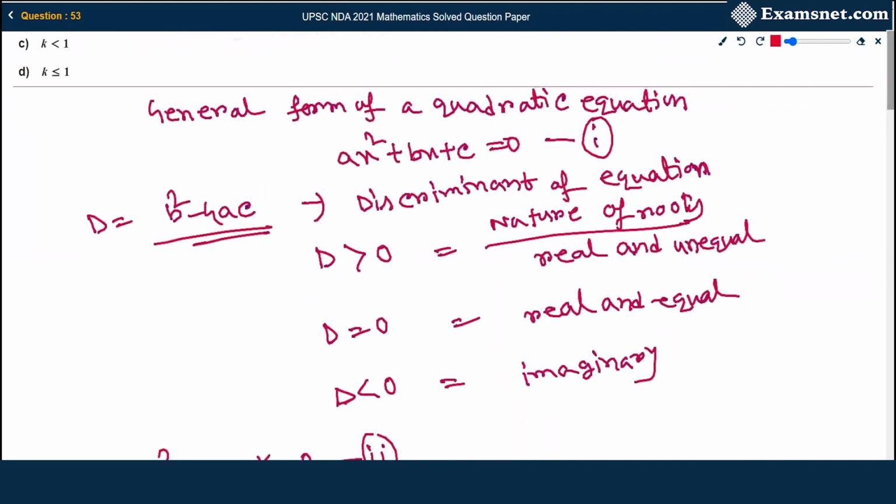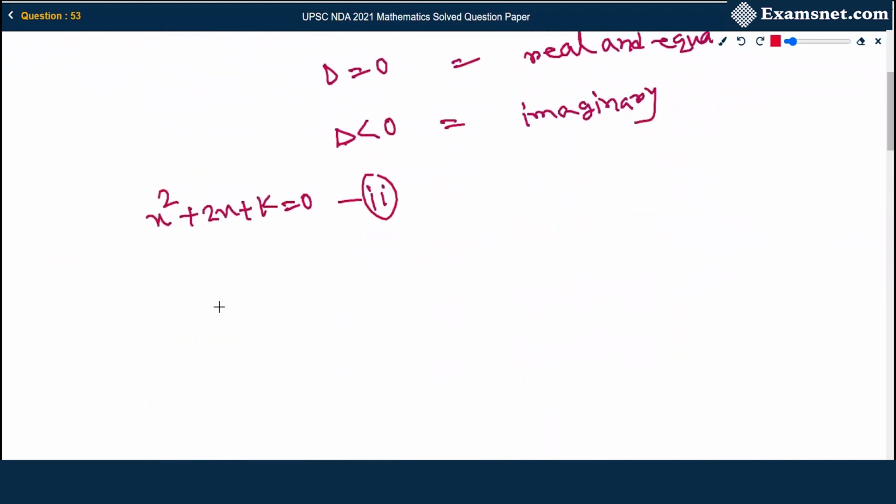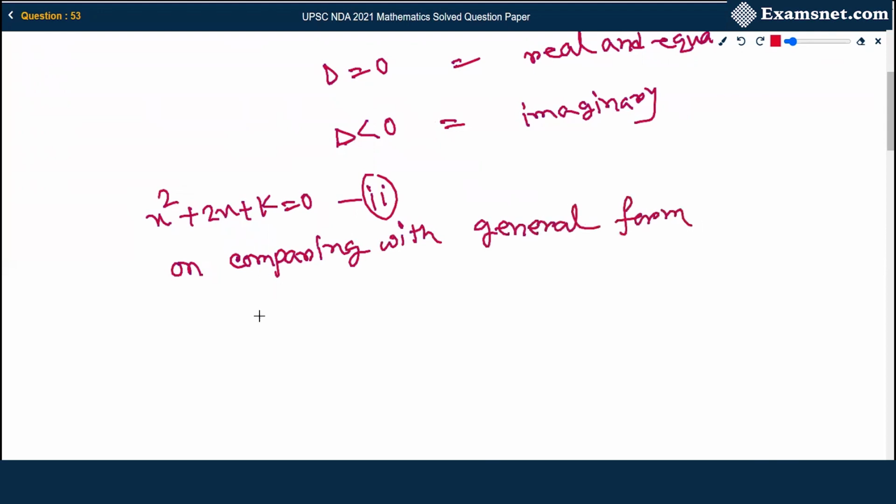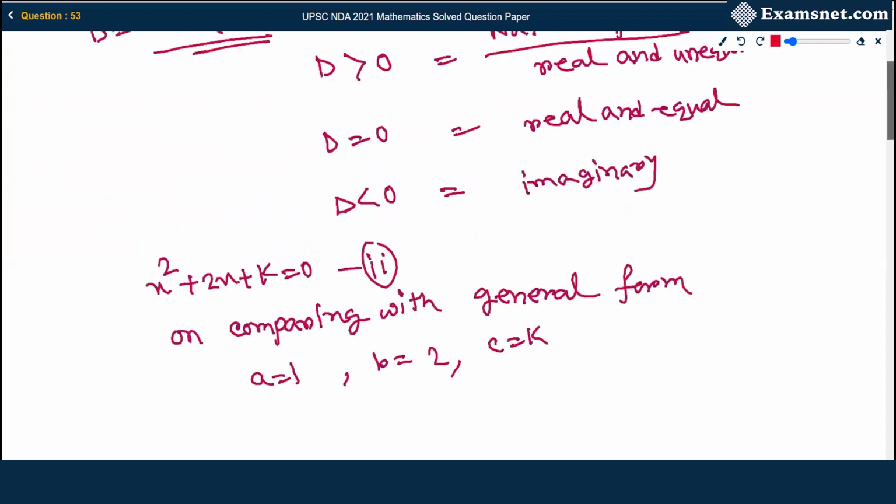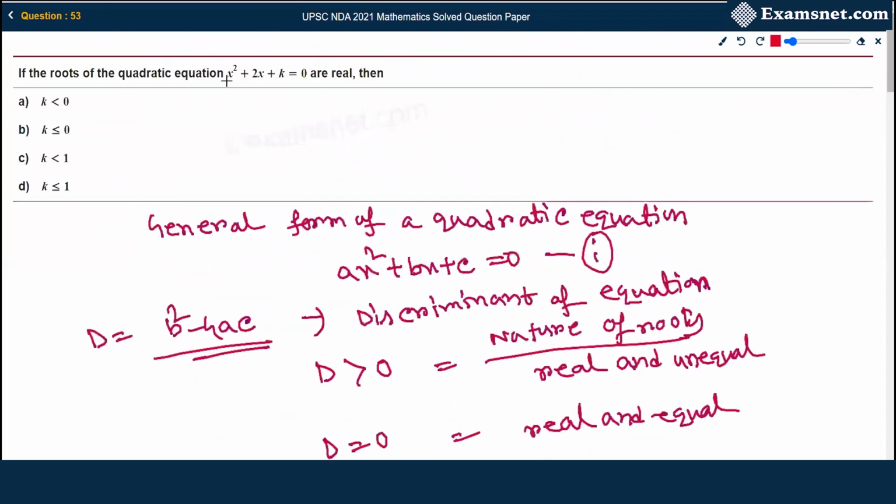Okay, now on comparing with the general form, we can write that a equals 1, b, the coefficient of x, is 2, and the constant value is k, right?